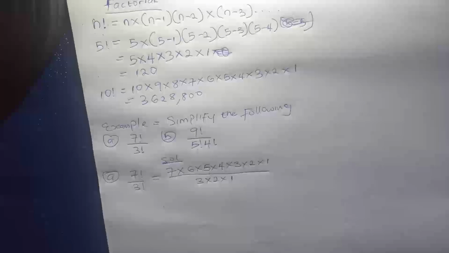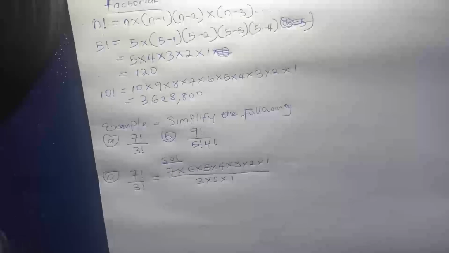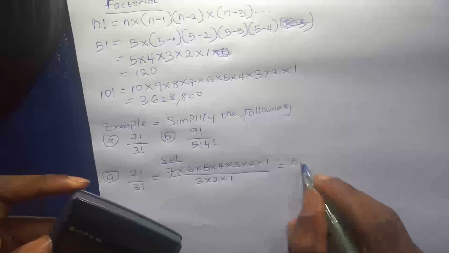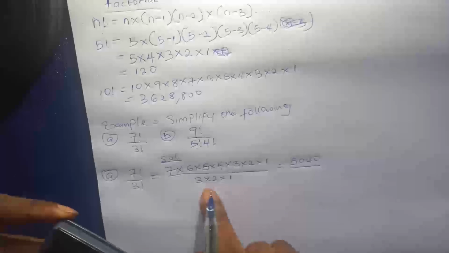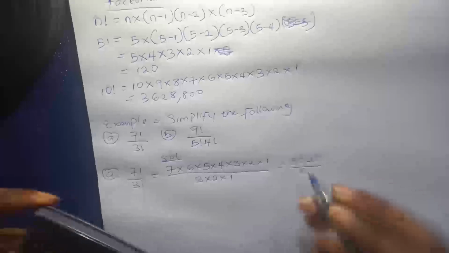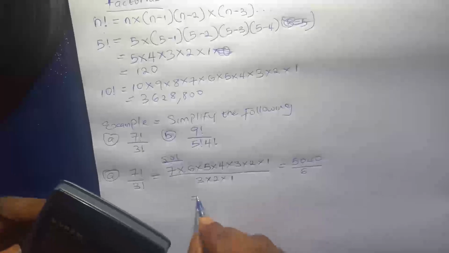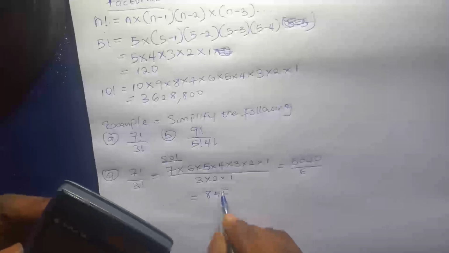Now, there are two methods of doing this. It's either you use your calculator to multiply all these together and note down the answer. Let's do it first. The same thing with the one down here, 3 times 2 times 1, which will now give us 6. And our answer will be 840.